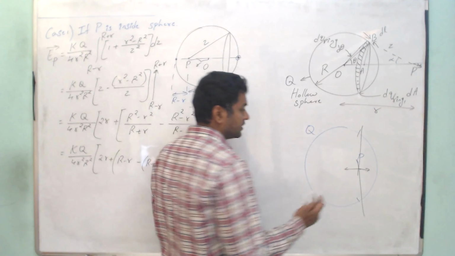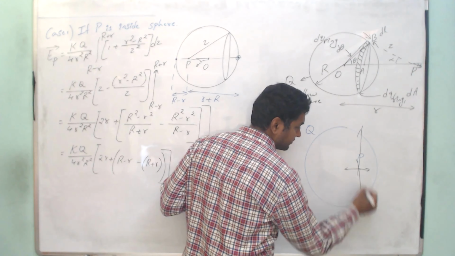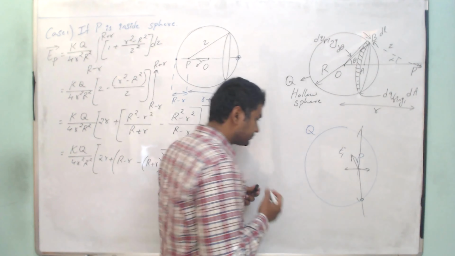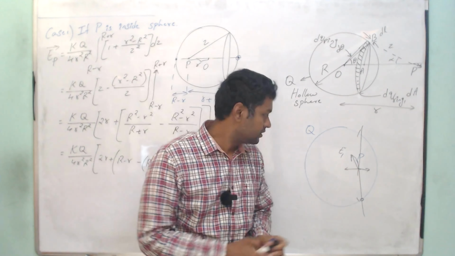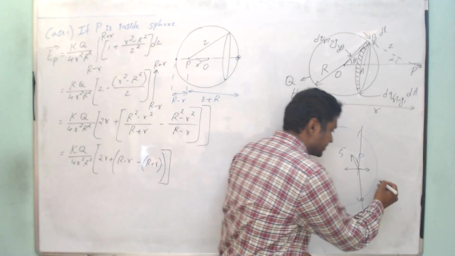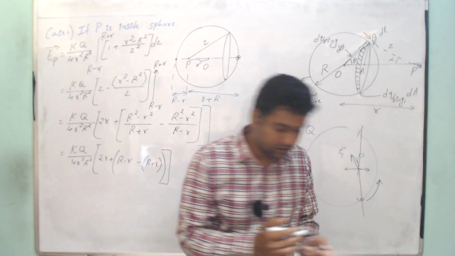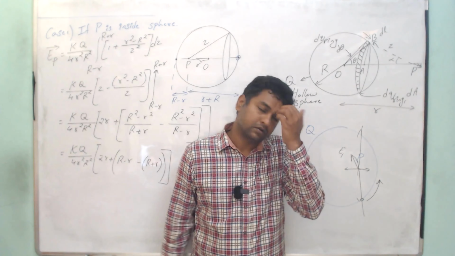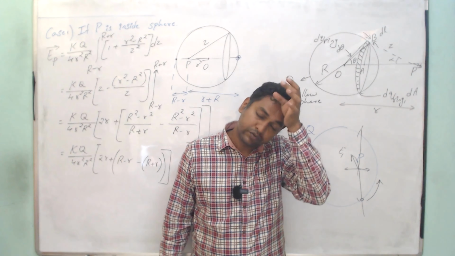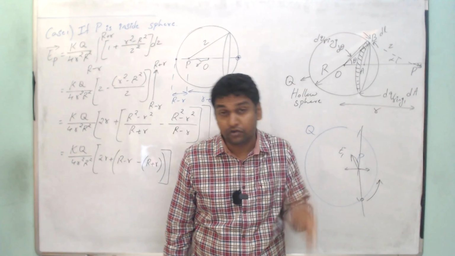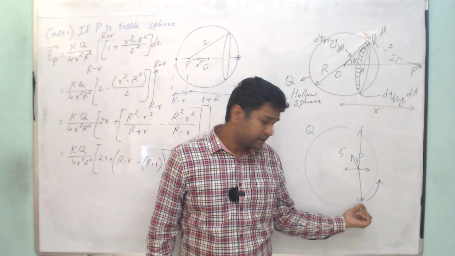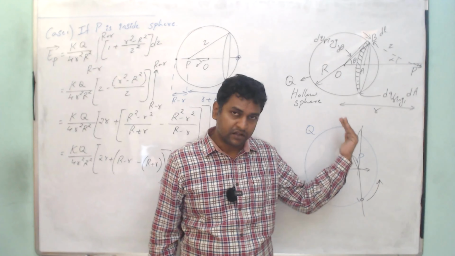I am integrating, let us say the electric field due to this charge is some E1. As I am moving, let us say in an anti-clockwise direction, I am explaining this in an understandable way. Mostly this should be stored in the imagination part of your head. Let the electric field due to this point be E1.